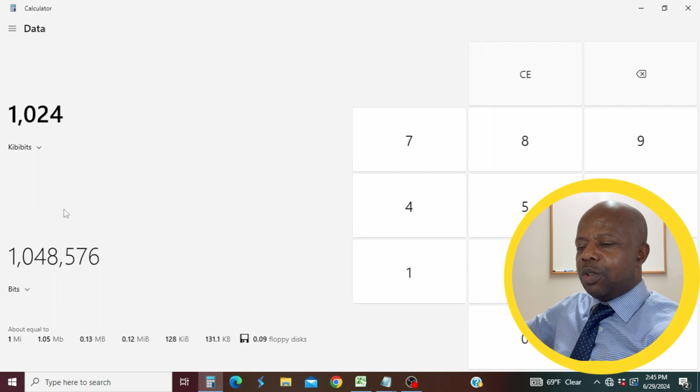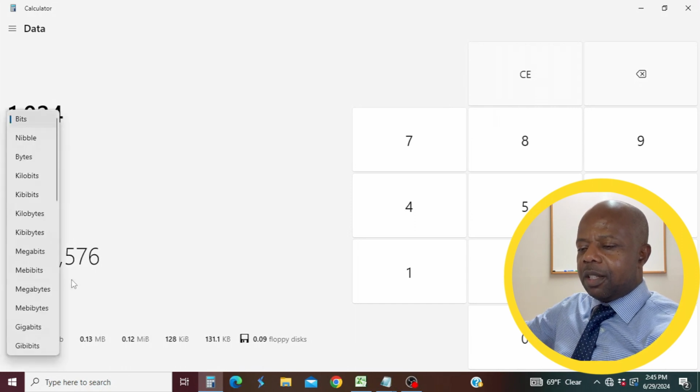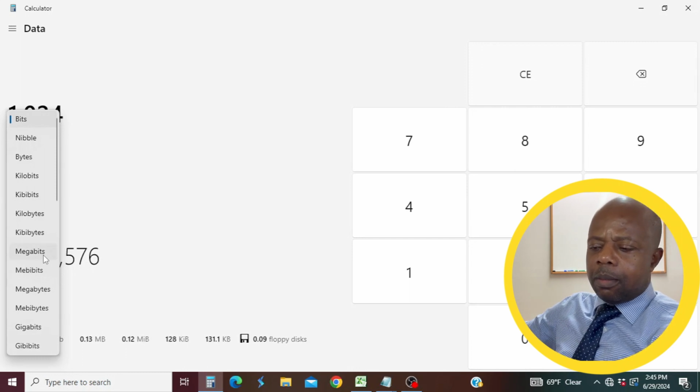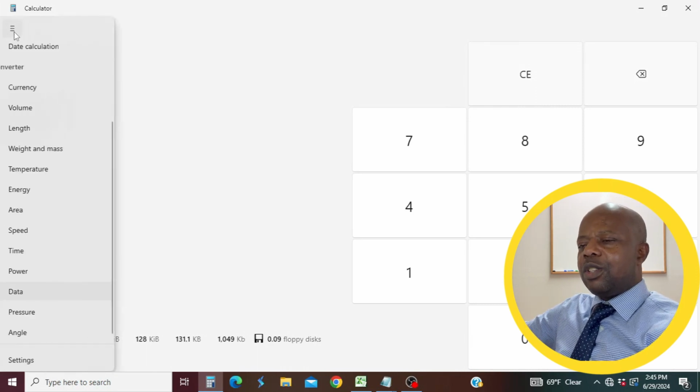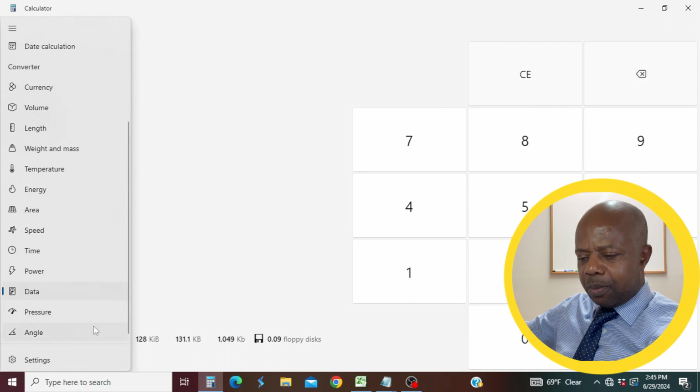And then if we want to convert this, so this is the next, this is megabits. You see, that's 1 megabit equals to that. So that's also something to know.